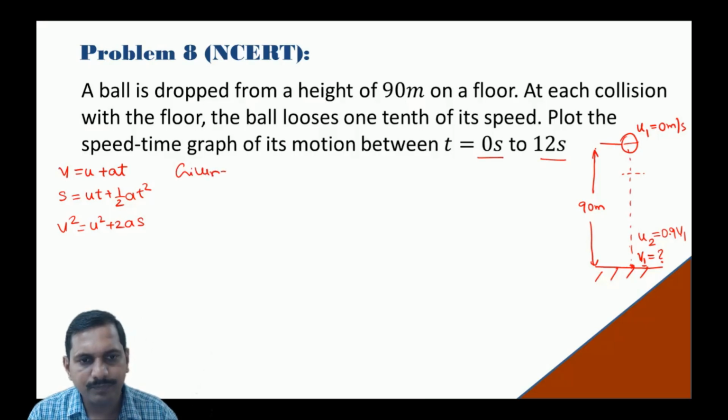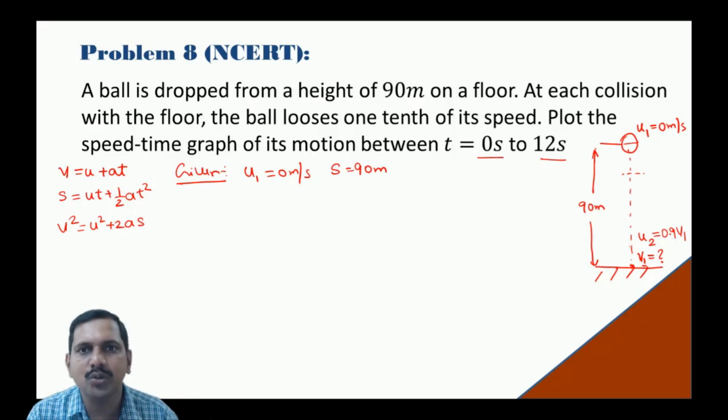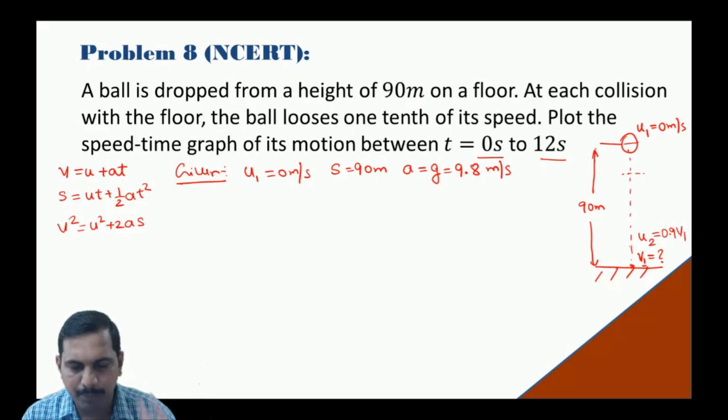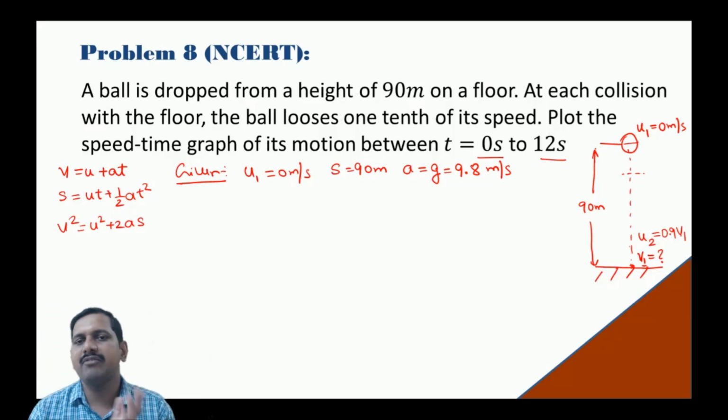Given are u1, which is 0 meters per second, and the height s, which is 90 meter. Acceleration we will generally take as g, which is 9.8 meters per second square. In NCERT we generally take 9.8, and sometimes in JEE questions they give it as 10. Whatever is given, you can assume. Here 9.8 would be g.